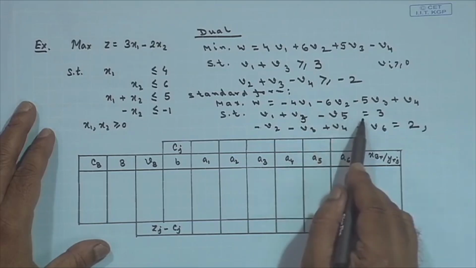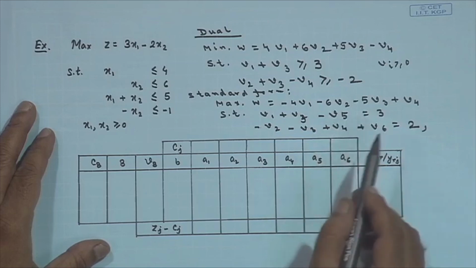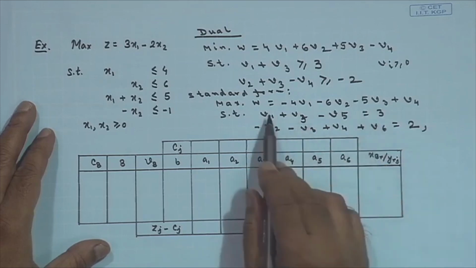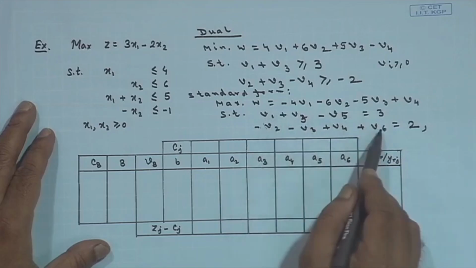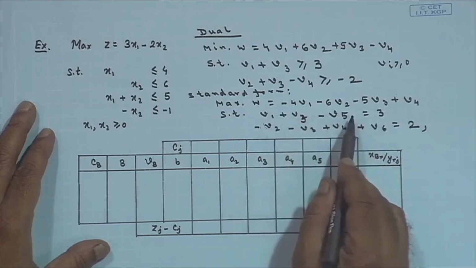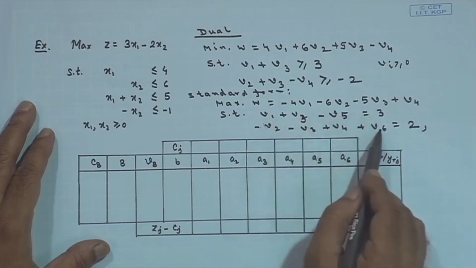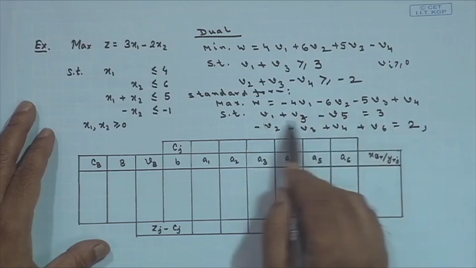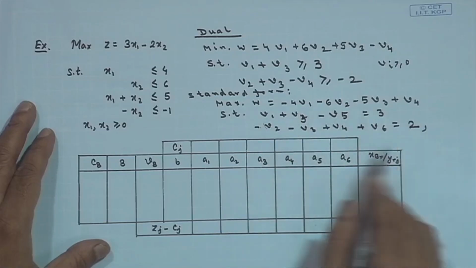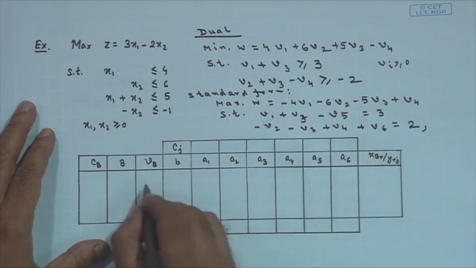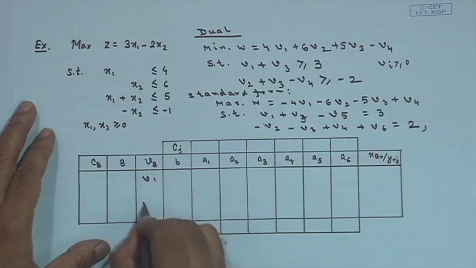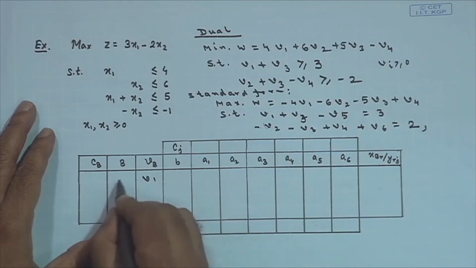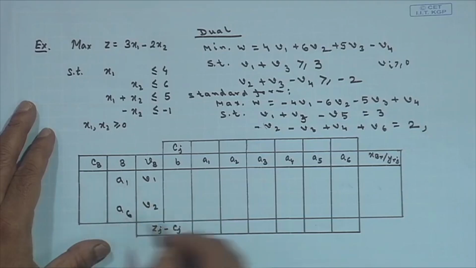I have not added any artificial variable over here, because for this case V1 and V6 will form the basis. If I make the others 0, then V1 will be 3 and V6 will be 2. So, the basis V1 and V6 will come, here it is A1 and A6.